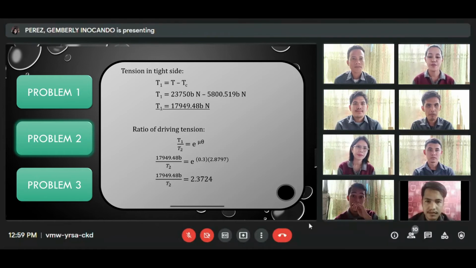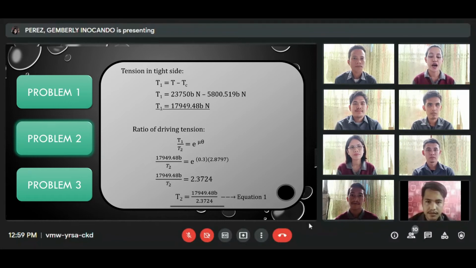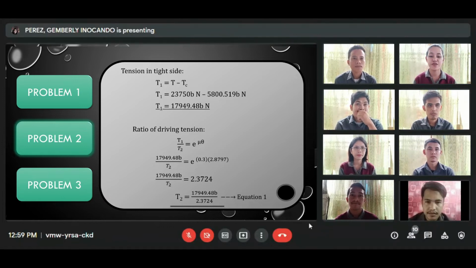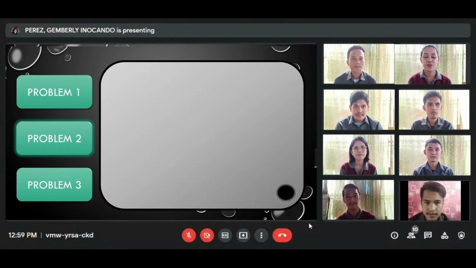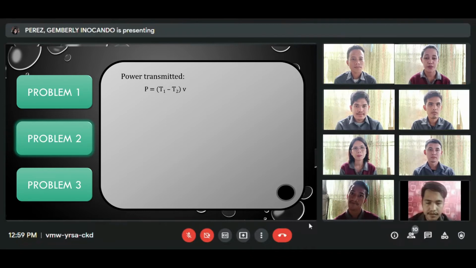Computing, we get 17,949.48 B over T2 equals 2.3724. So equation 1, or the value for T2, is equal to 17,949.48 B over 2.3724.